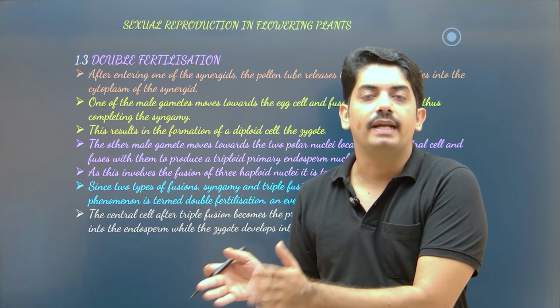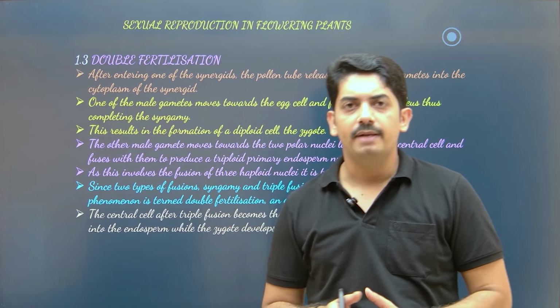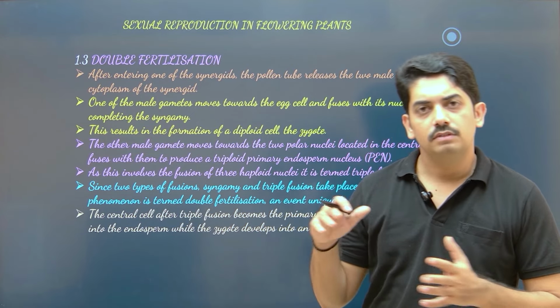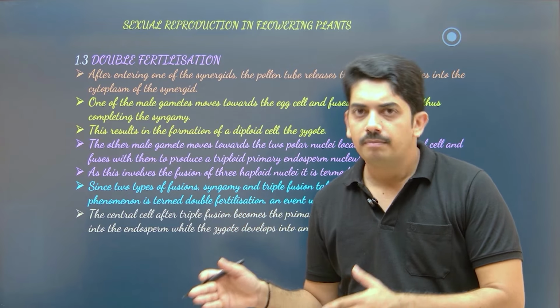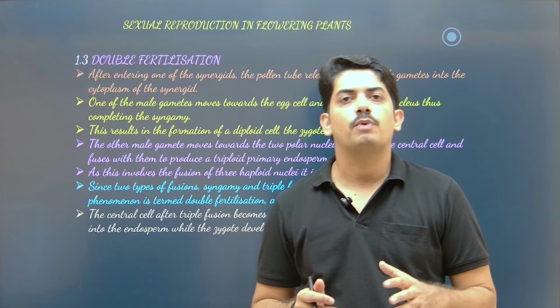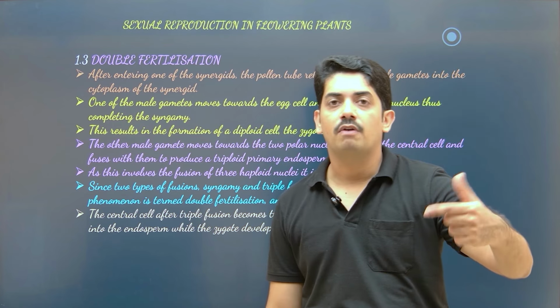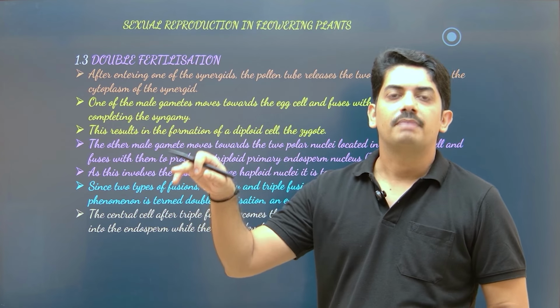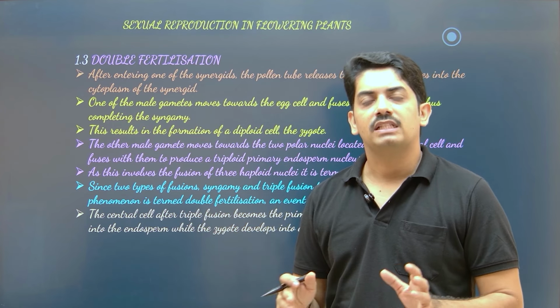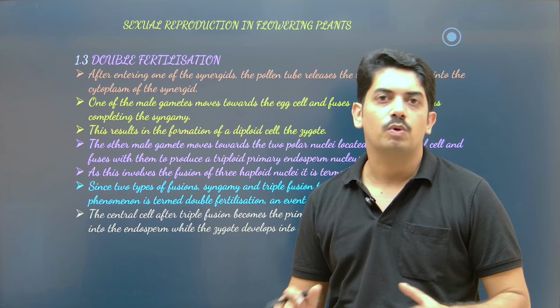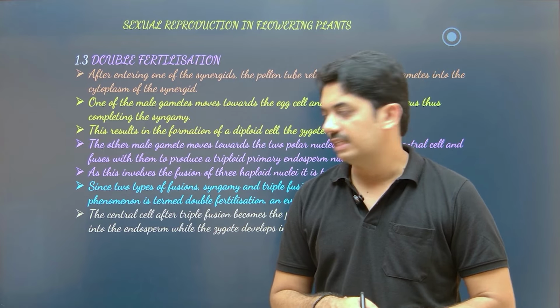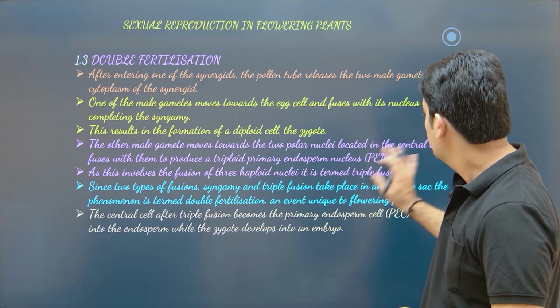Endosperm is always triploid, and the zygote formed is diploid. So this process we call double fertilization: fertilization of the egg and fertilization of the primary endosperm nucleus takes place simultaneously.